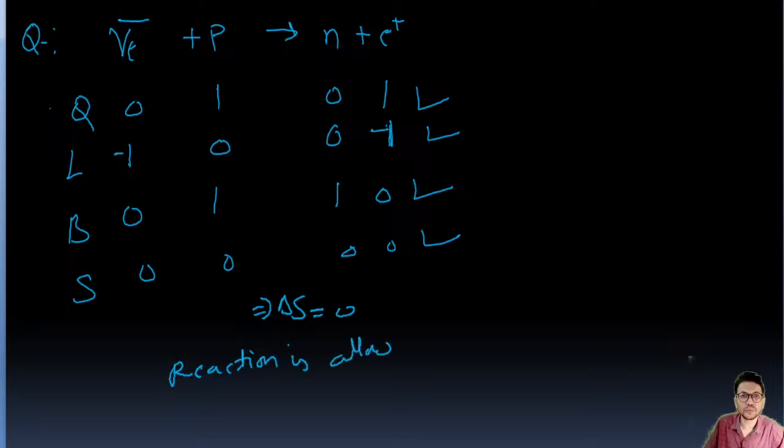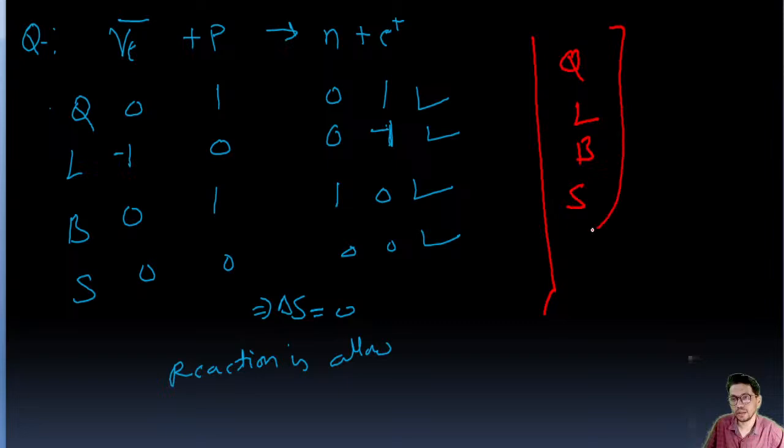For a reaction to be allowed or not, we just have to check four things, guys: Q, charge, lepton number, baryon number, and strangeness. And strangeness should be either 0 or ±1. So it's 0. We just need to check Q, L, B, and S. So this reaction is allowed, guys. This is very important: Q, L, B, S we need to check.